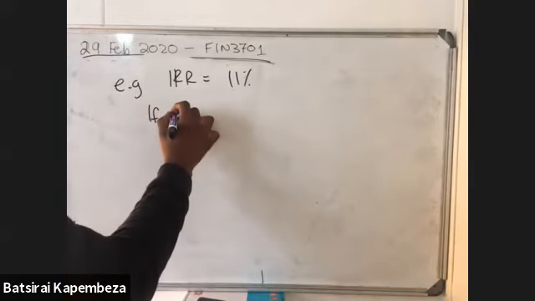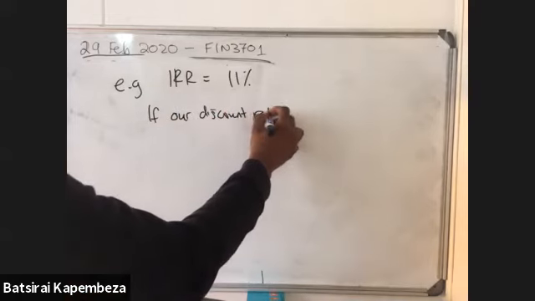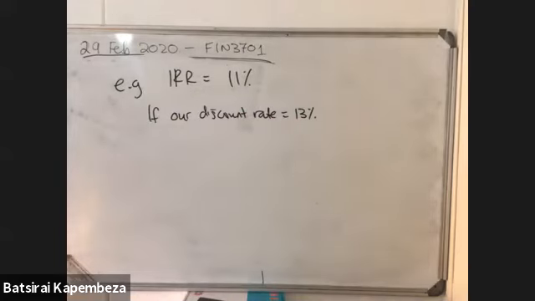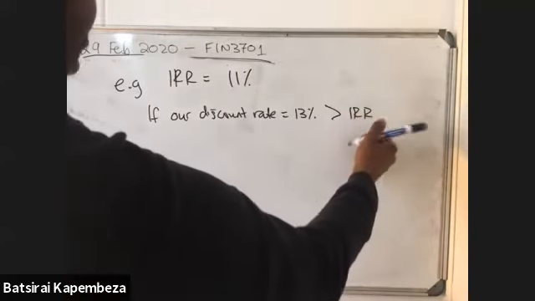And let's say the company calculates this discount rate, this cost of capital, how much interest they'll pay on money that they put in the project. Let's say they calculate the discount rate, the cost of capital, to be 13%, right? 13% is more than the internal rate of return.